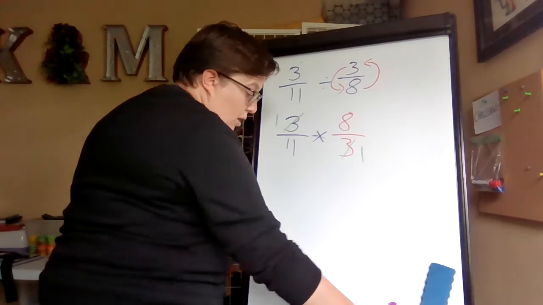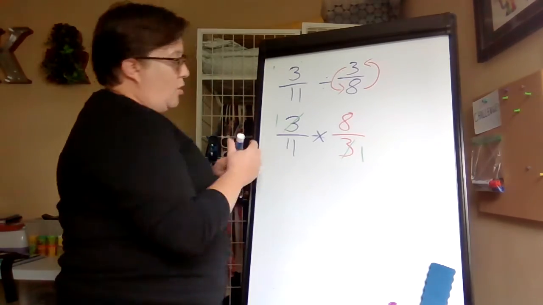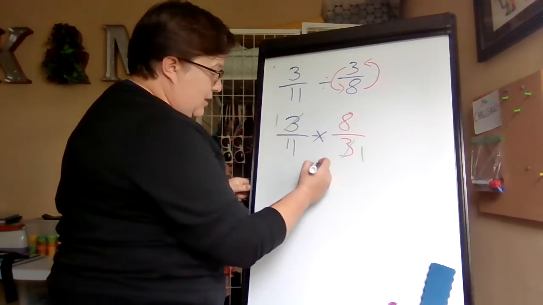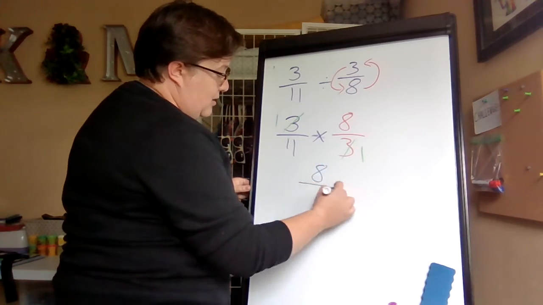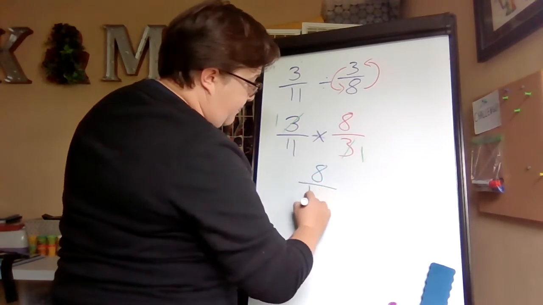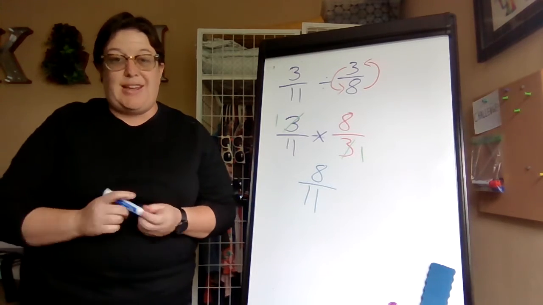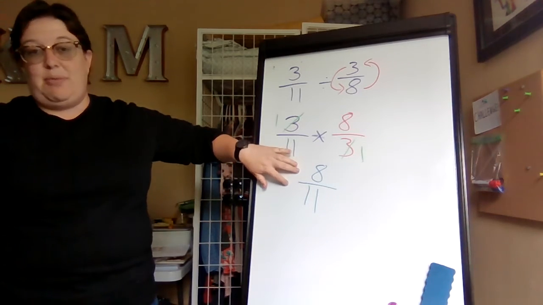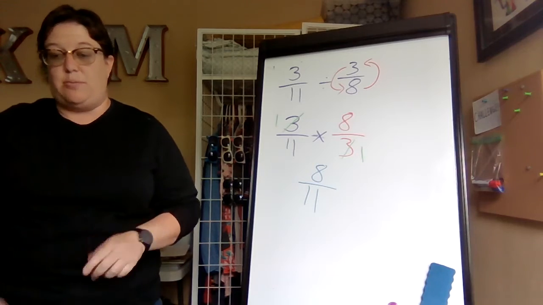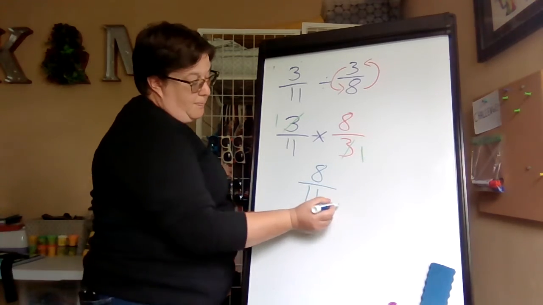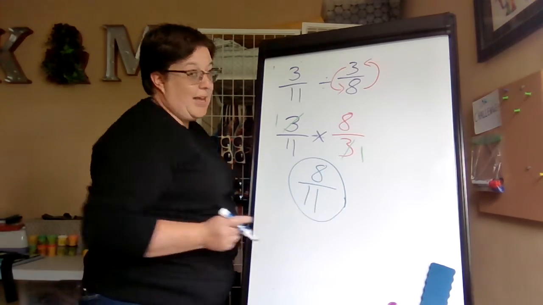Okay? When I multiply those, 1 times 8 is 8. 11 times 1 is 11. So you write the quotient in simplest form. I cannot simplify 8/11. There's no number that goes into both. So my solution is 8/11.